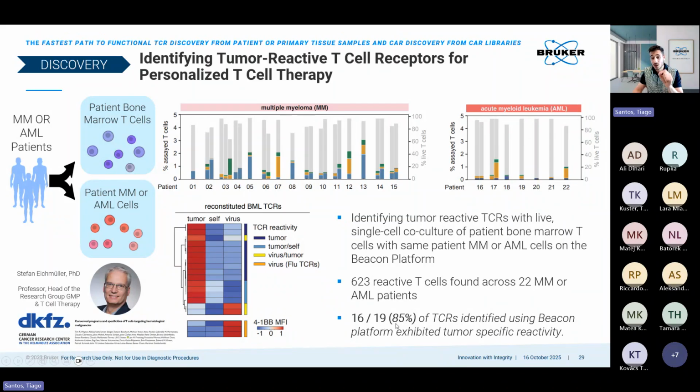And from the 19 unique TCRs, actually 85% of them were validated outside of the platform as tumor-specific reactive TCRs, which is astonishing in this field because of how hard it is to functionally characterize these types of TCR therapies, especially to neoantigens. And now they have a base library that they can work on to try to validate and move forward then to the clinic.